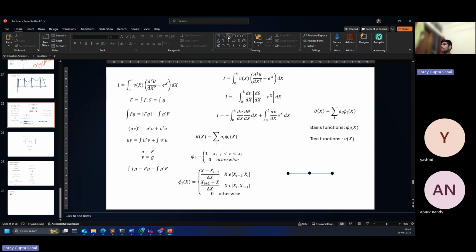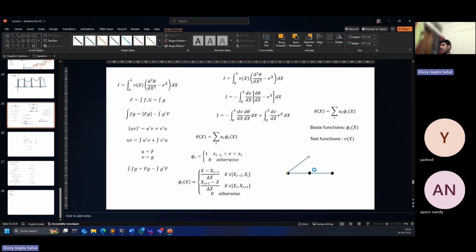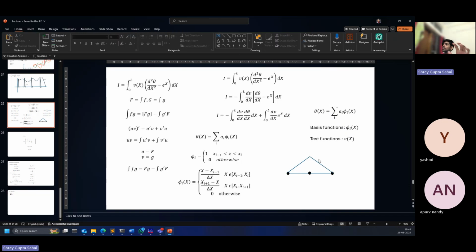I'll show you how it looks. It is zero at the endpoints of the two elements, and it is one at the center point. This is our shape function. Okay.